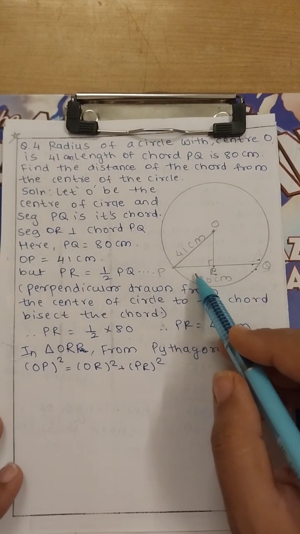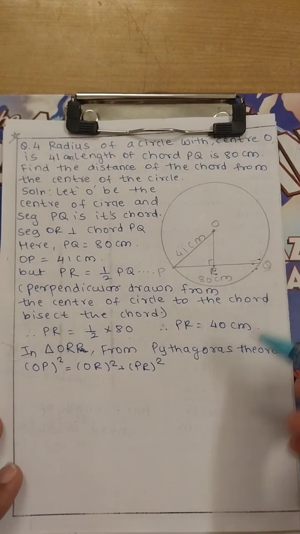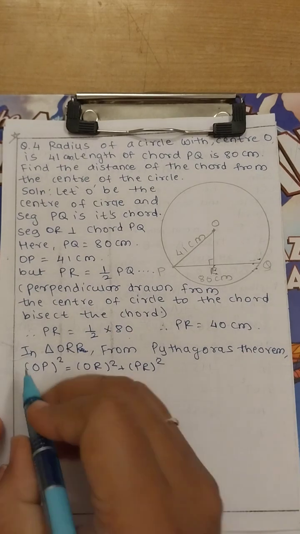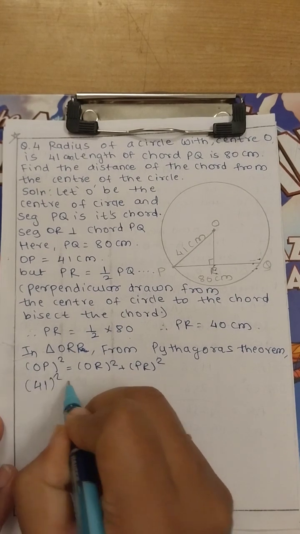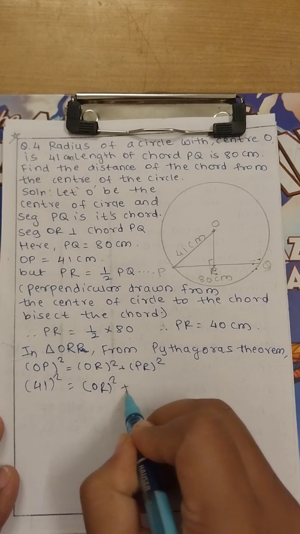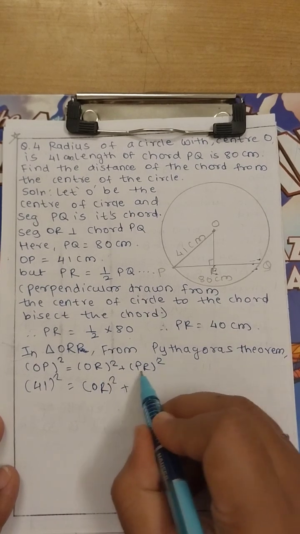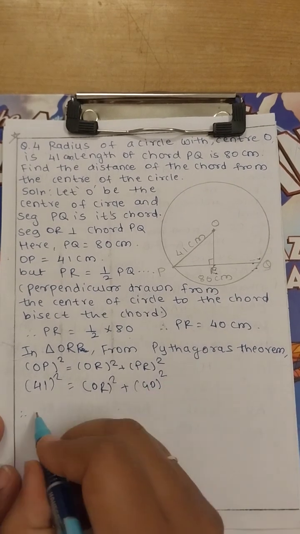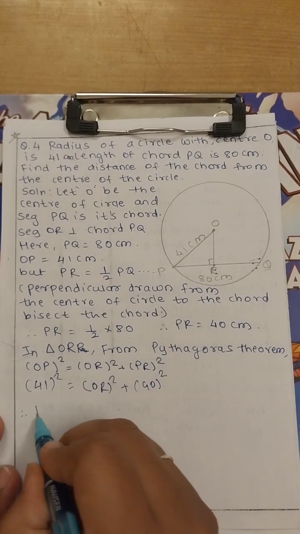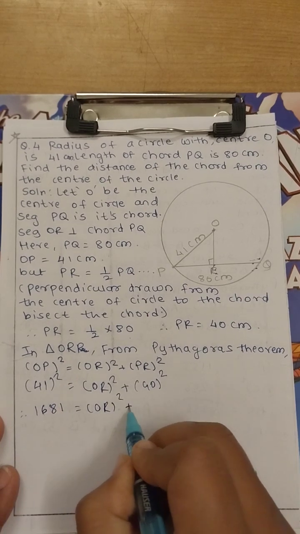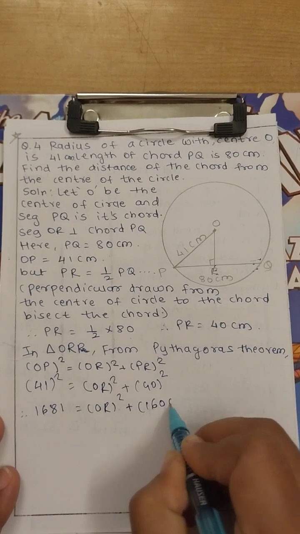So by these two values, you can find out the value of OR. So OP square, 41 square, is equal to OR square, which remains as it is, plus PR square, 40 square. 41 square is 1681, and 40 square is 1600.